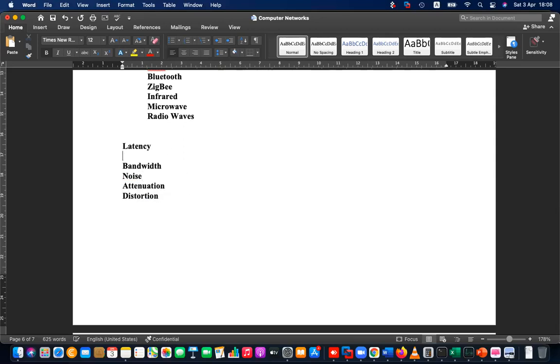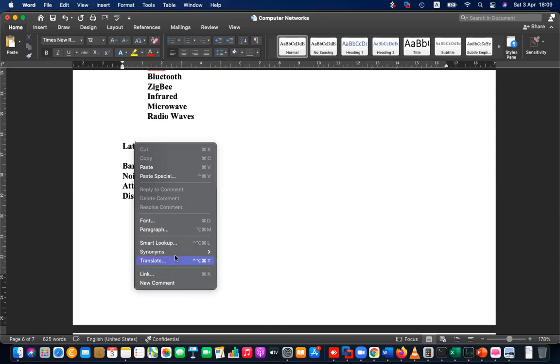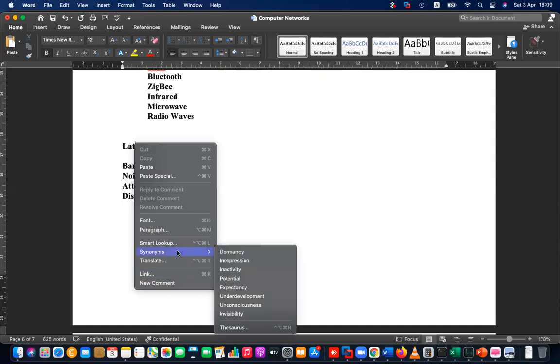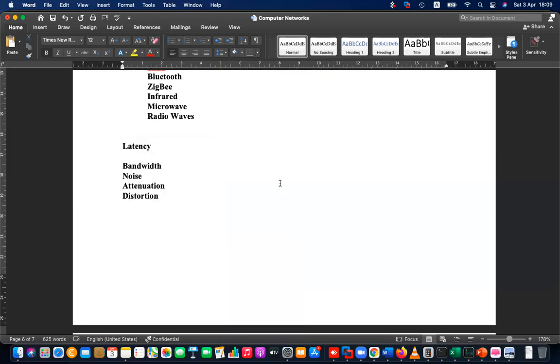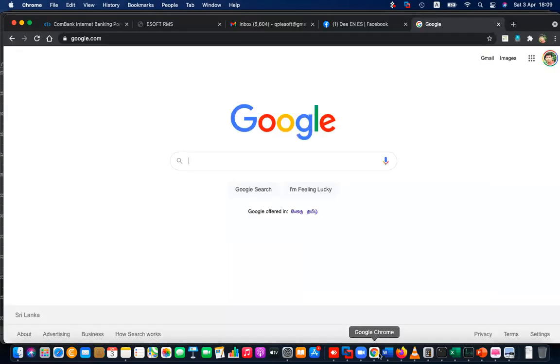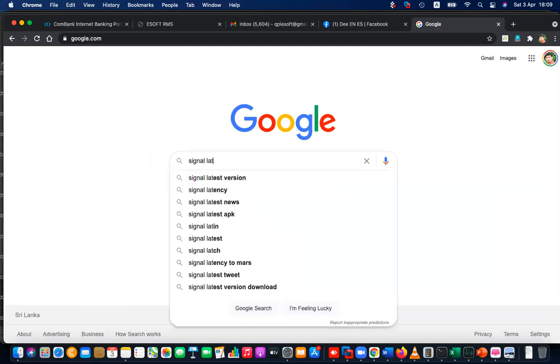So latency. As the word implies, latency means late or delay, right? Some synonyms given for latency are invisibility, underdevelopment. So let me show a small image and explain this to you. I'll go to Google, signal latency.